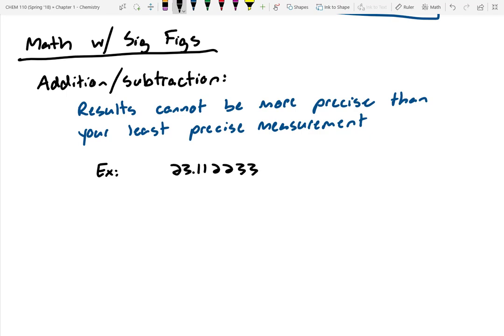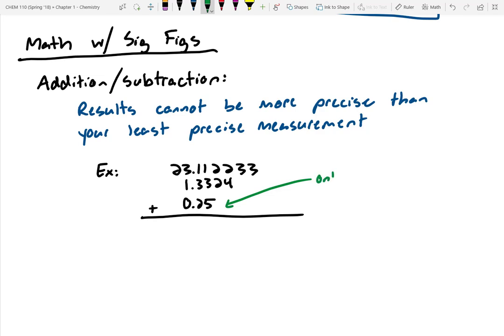And then we've got 1.3324 as my next number that I'm going to add in. And then I've got 0.25. And so my goal is to add all of these numbers together. Which one's my least precise value? Yeah, the 0.25, right? So this one is only precise to the hundredths place.